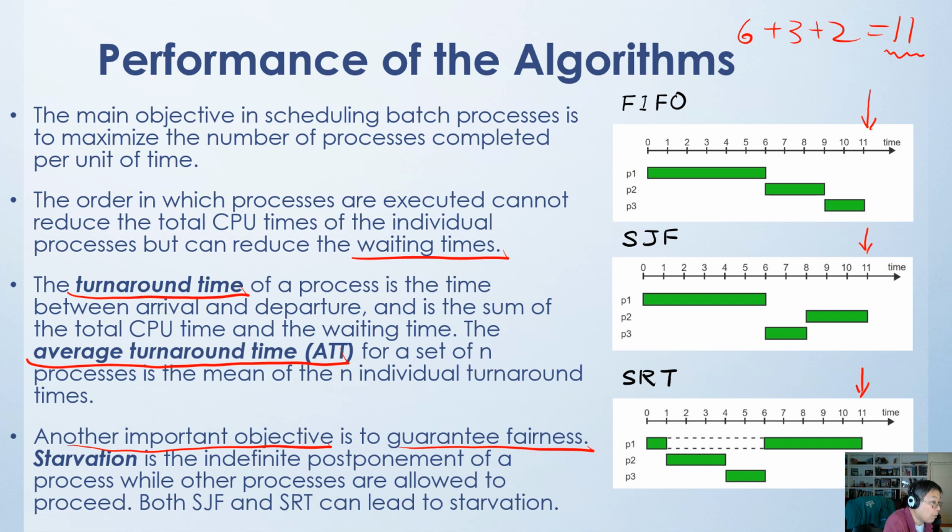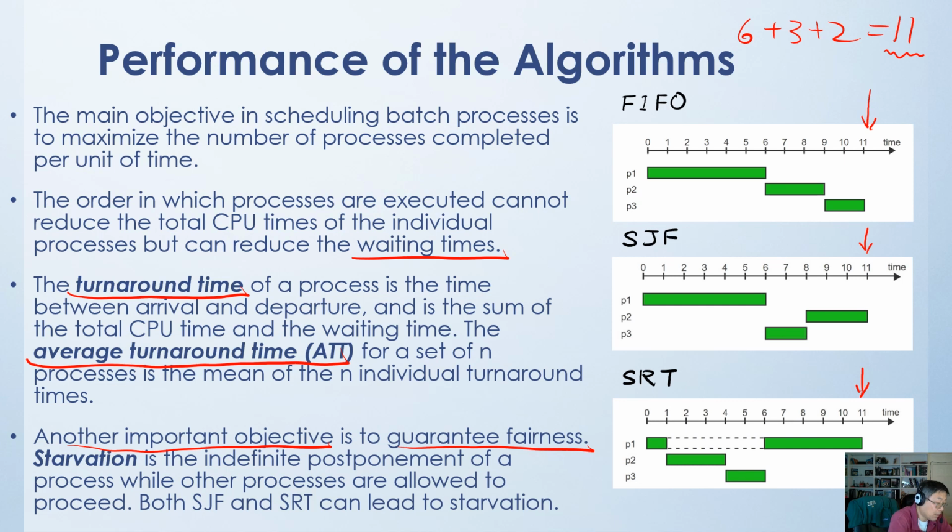For example, if one of the processes has an extremely long CPU time, and during the execution some processes finish and other processes are created, it's possible that after a very long period of time, all the processes come and go, but this particular long process never gets a chance to get the CPU.